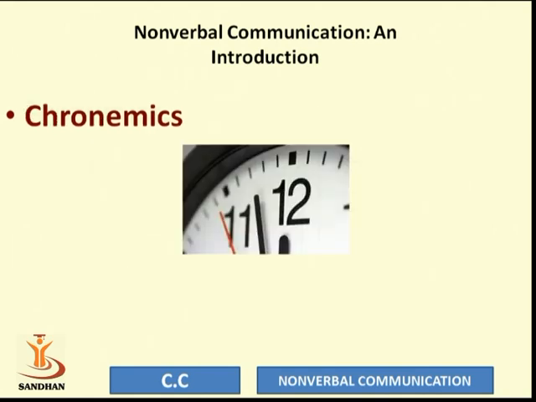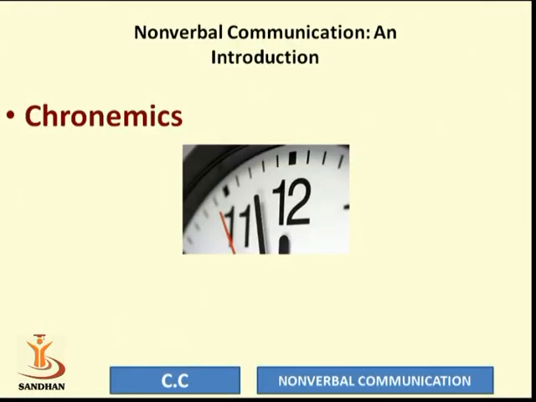The next important component of nonverbal communication that comes into play is chronemics. And chronemics is about time. We often use time to communicate. Some people leave their bed early, some people leave their bed late, and that is how they perceive time. Our perception of time is very, very subjective.